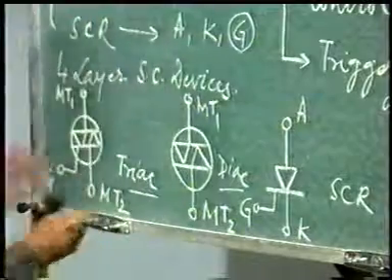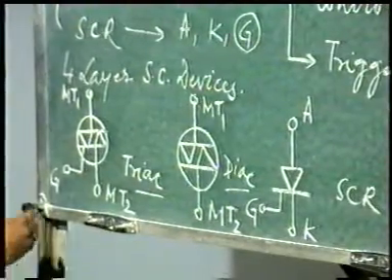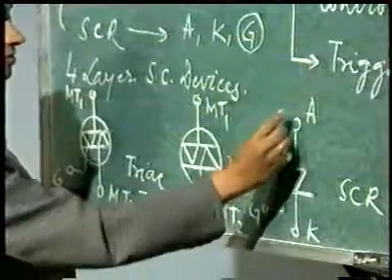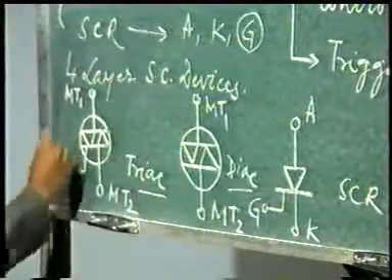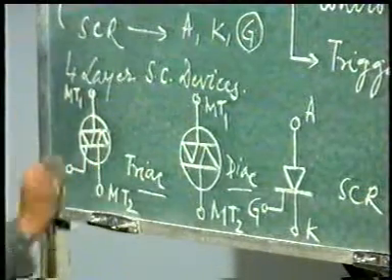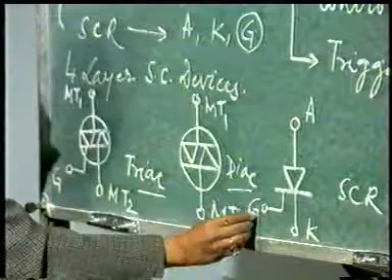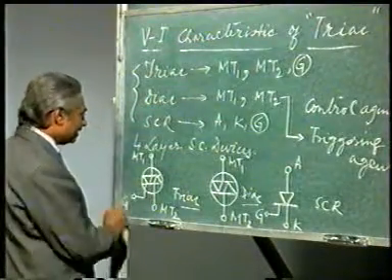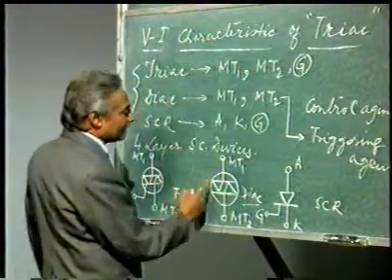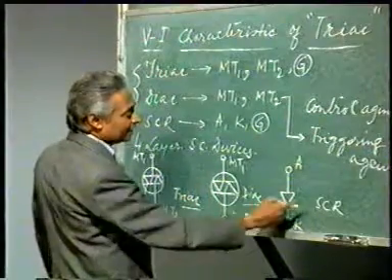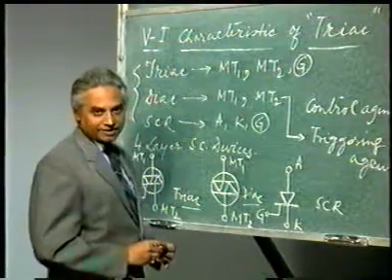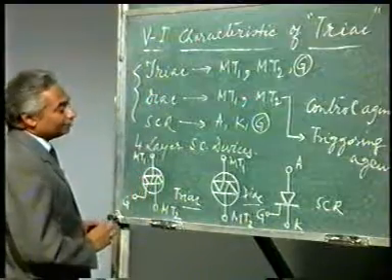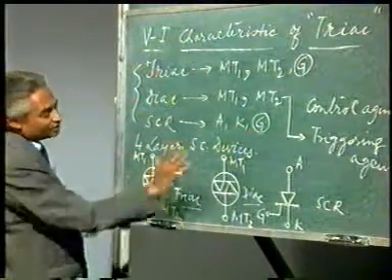So, from a constructional point of view, if you compare TRIAC and SCR, they look alike because there are 3 terminals here also and there are 3 terminals here also, and both are control agents because both have gates. But from an operation point of view, the TRIAC and the DIAC are bidirectional devices, whereas SCR is a unidirectional device. Now, this is the difference if you draw the symbolic representation of the 3.